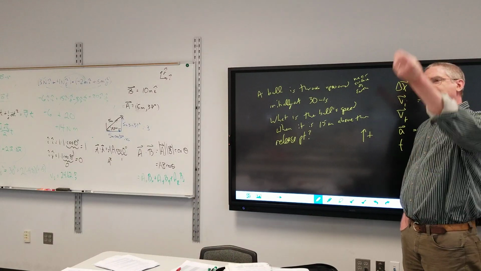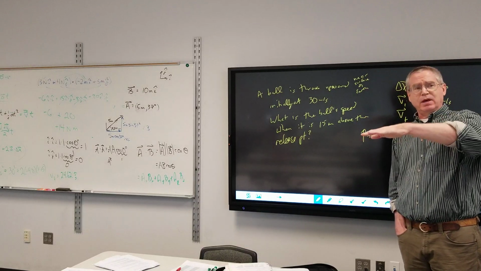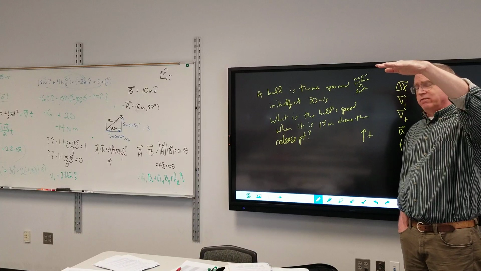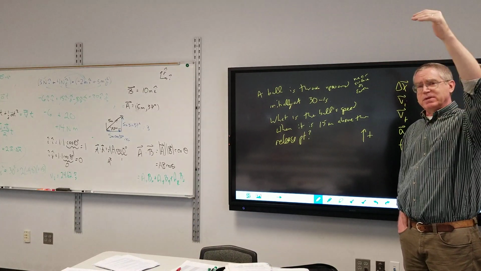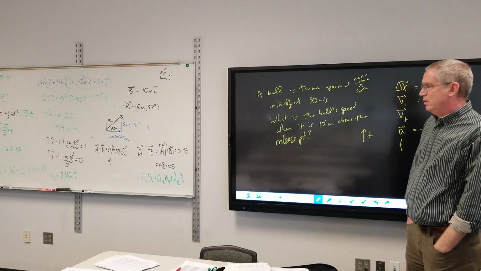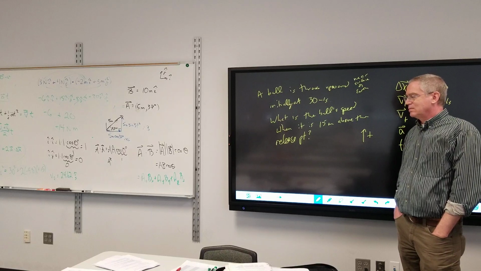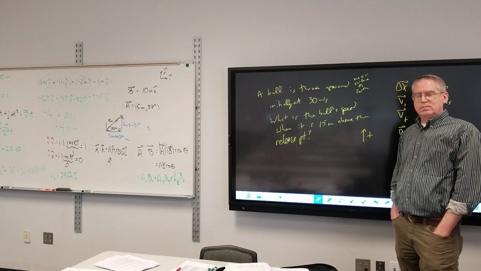Because it's going to hit 15 meters twice, it's going to hit it going up and it's going to hit it coming down. If it hits it going up, then the velocity at that point is positive 24.62 meters per second. If it's coming down, it's negative. But this formula is only finding the speed. Questions?